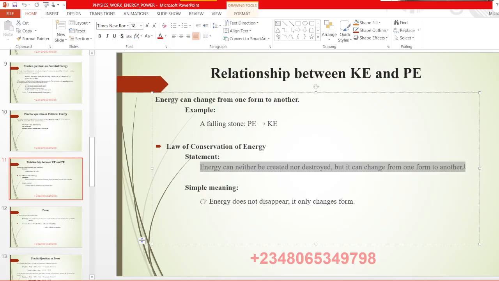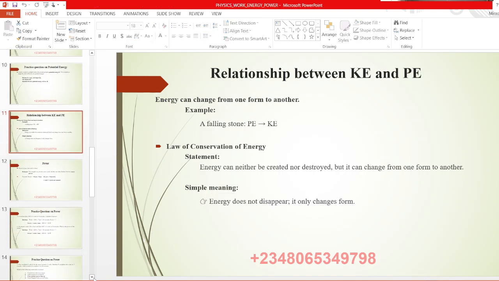The simple meaning is that energy does not disappear, it only changes form. So much for energy. Let's go into a new subtopic.